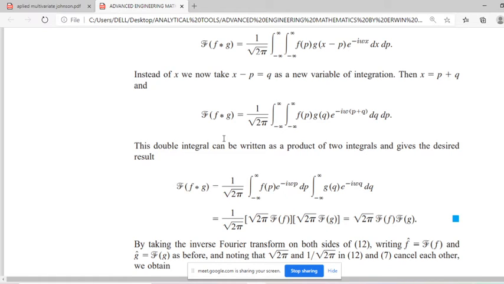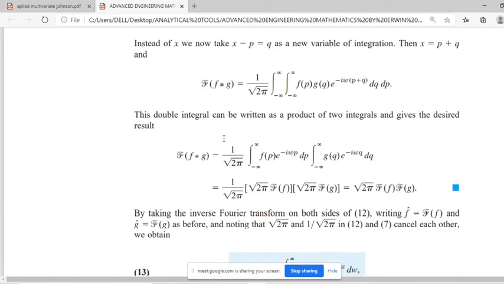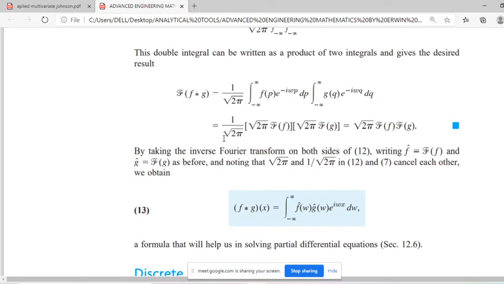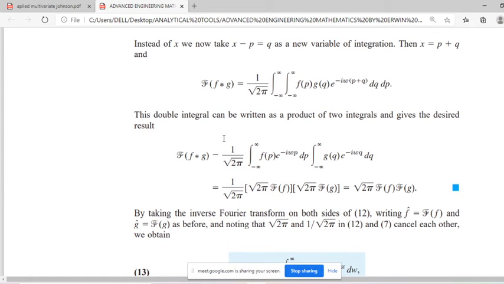Along with one root 2 pi there is a root 2 pi with the equation F of f star g, and the inverse of f cap of w and g cap of w. So that is actually represented like this.